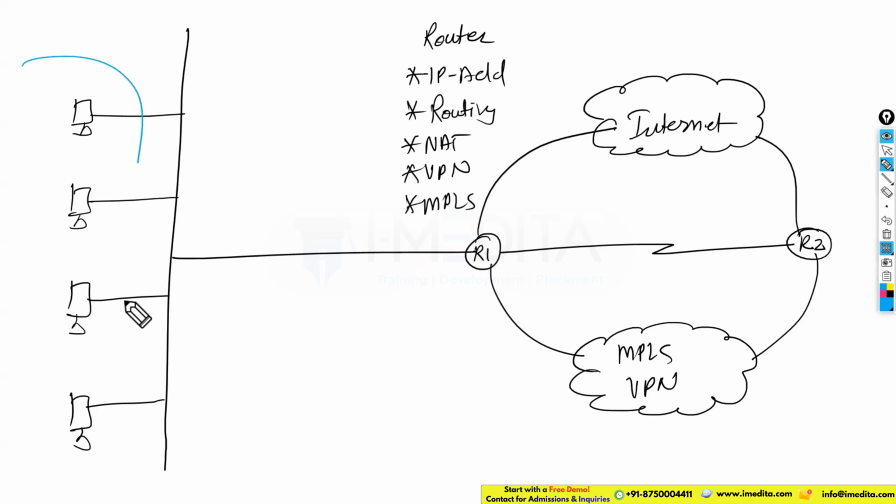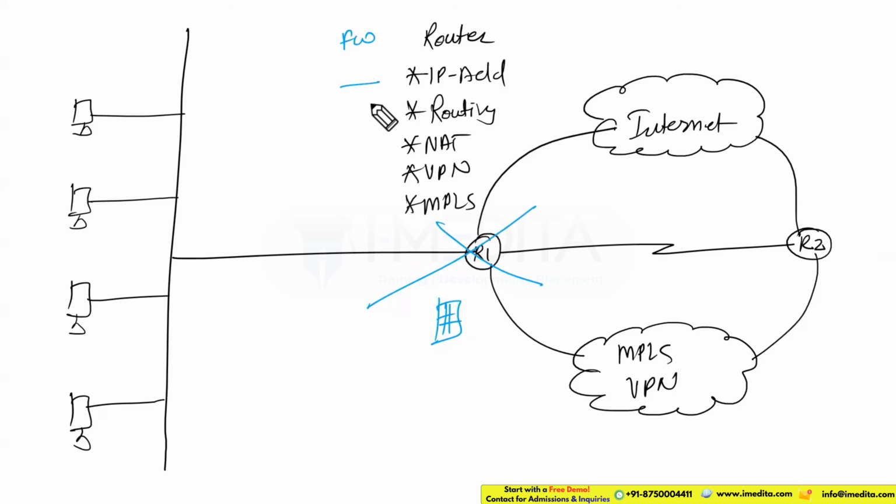Now we want to protect our network. To protect the network, we will remove the router and place a firewall here. On the firewall, we will do IP addressing, routing, NAT, VPN; MPLS is not applicable. Then we will configure firewall policies. We don't want to do the entire configuration again.